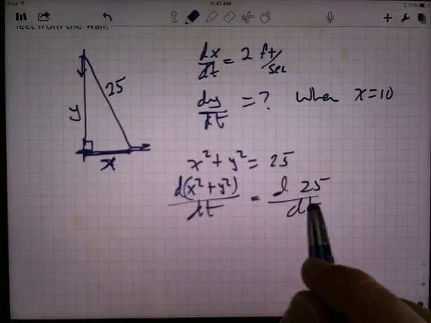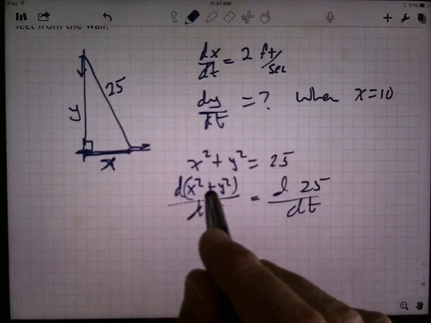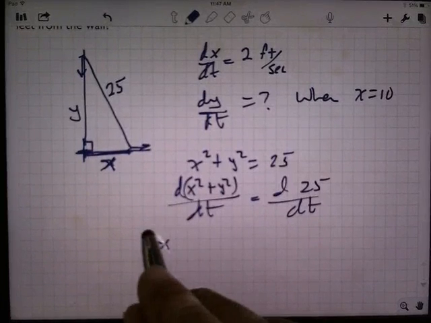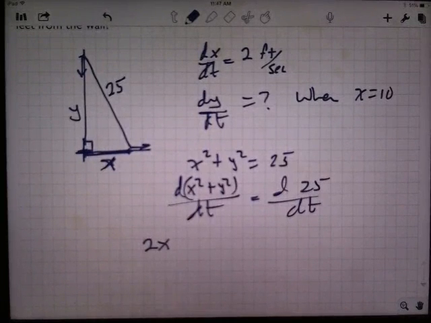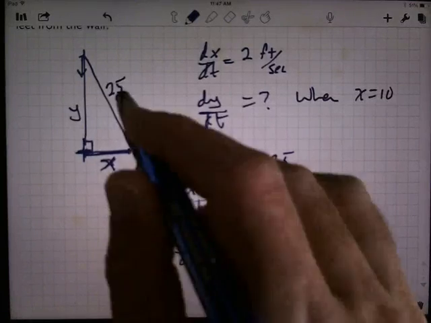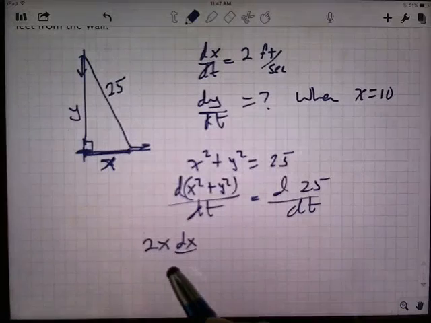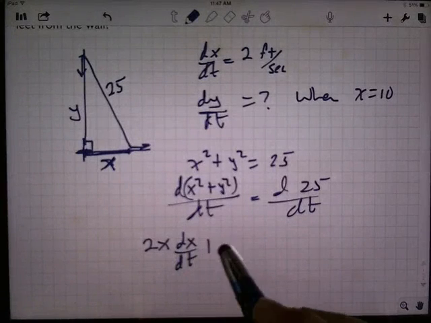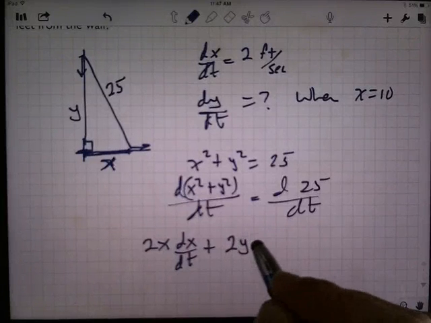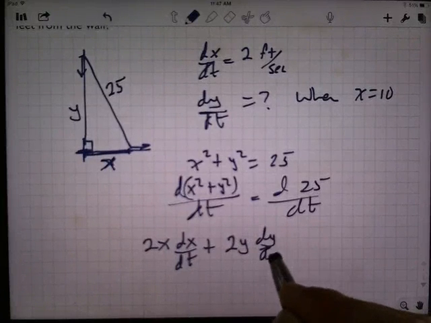Implicitly differentiating with respect to t, the derivative of a sum is the sum of the derivatives. So the derivative of x squared is 2x. That would be the derivative with respect to x. I want it with respect to t, so there's a times dx/dt. And then the derivative of y squared is 2y times dy/dt.